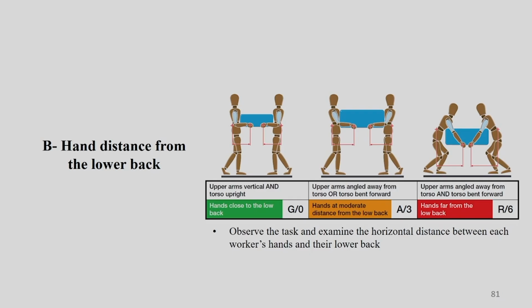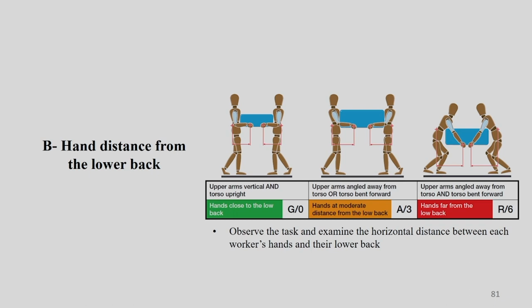It's not that only one person; if one person is also having a different position, you have to take care. Then upper arm angled away from torso or torso bent forward, what we did earlier, or hand at moderate distance from the lower back, then A or amber zone, and the value is 3.